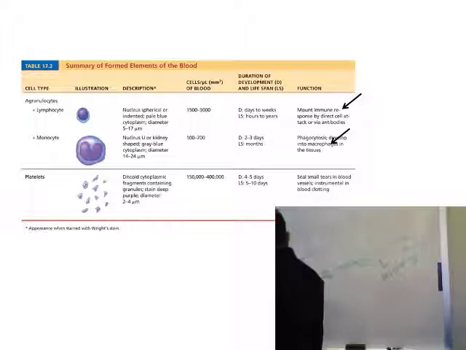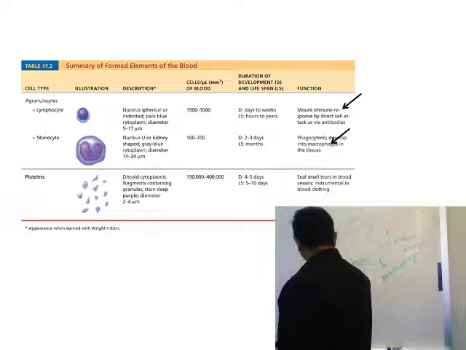Lymphocytes. Just know that lymphocytes could be two different types: T lymphocytes and B lymphocytes. Okay, T and B lymphocytes, and both of them are responsible for immunity. T cells usually do phagocytosis, and B cells produce antibody.